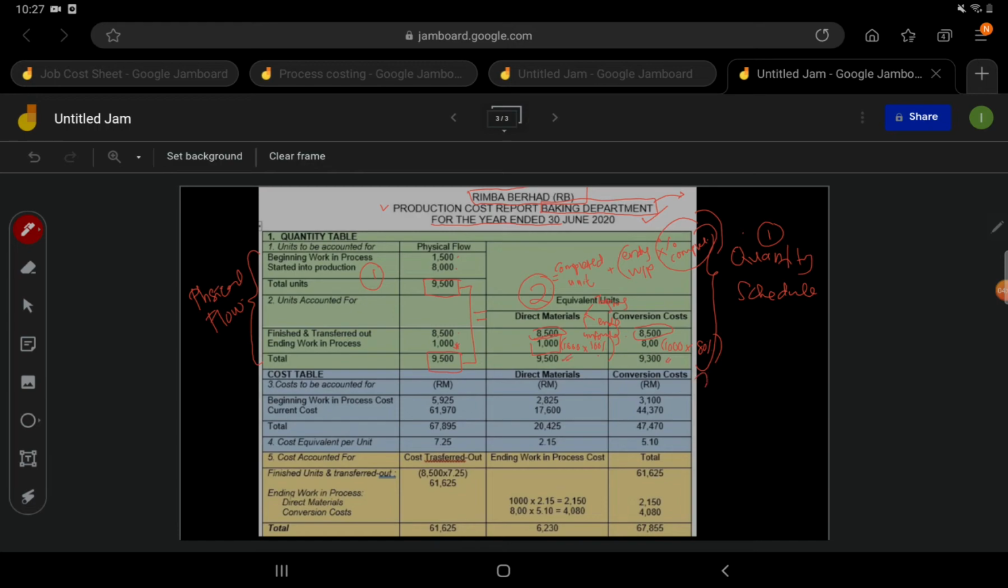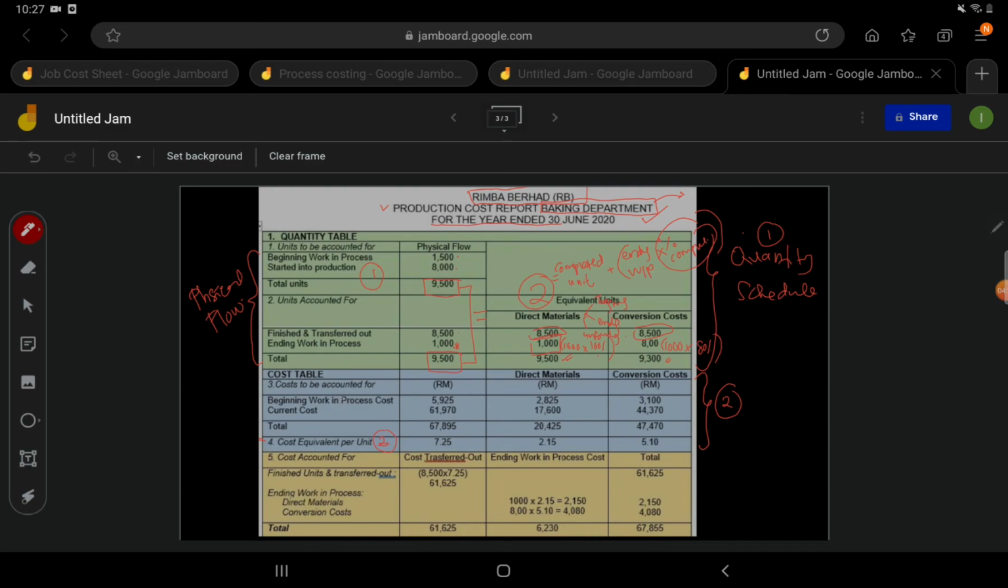And then the second section is cost per equivalent unit. This is step number 3. How to compute cost per equivalent unit in formula? Yes, beginning work in process plus current cost, right?